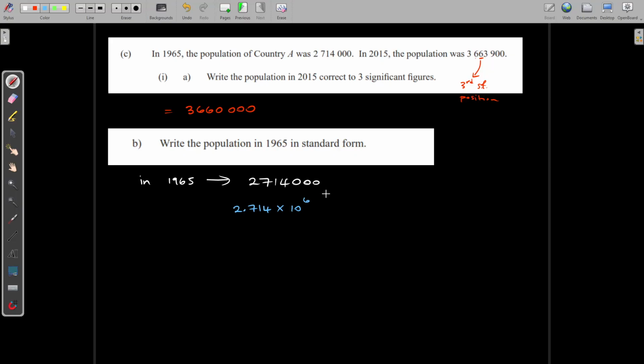Alright, so that would be the answer. For standard form, if we have a whole number, there will be an imaginary decimal place at the end.